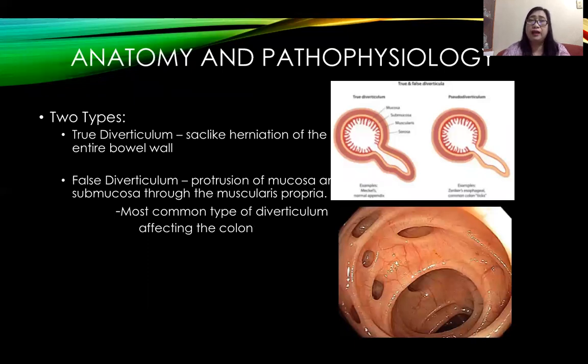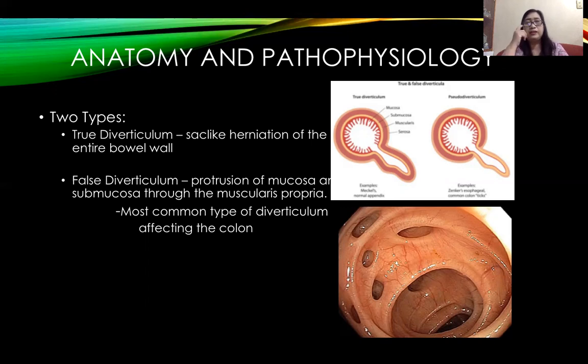There are two types of diverticulum, the true and the false diverticulum. Both are sac-like herniations of the bowel wall, meaning those sac-like herniations are weak bowel mucosa.